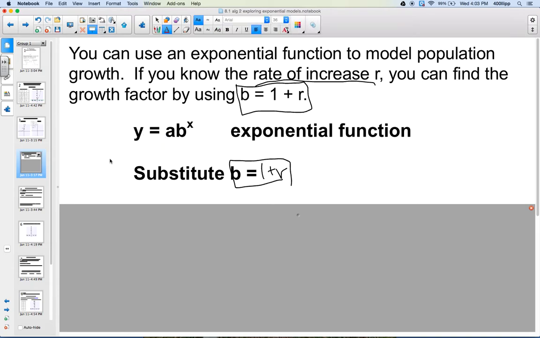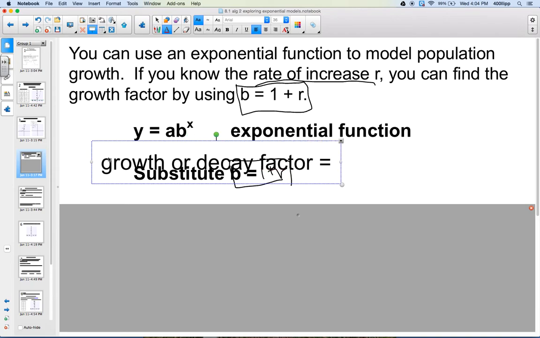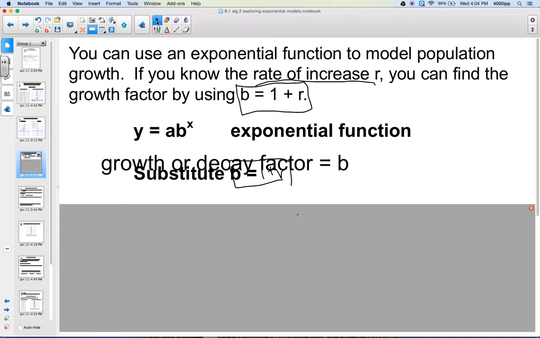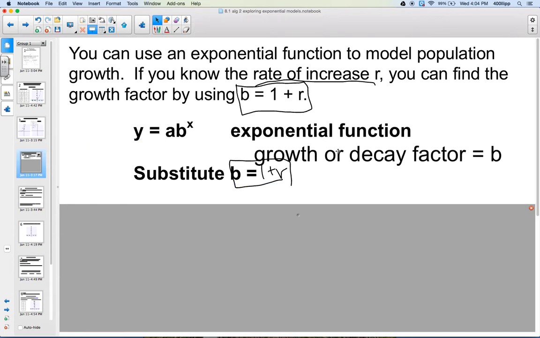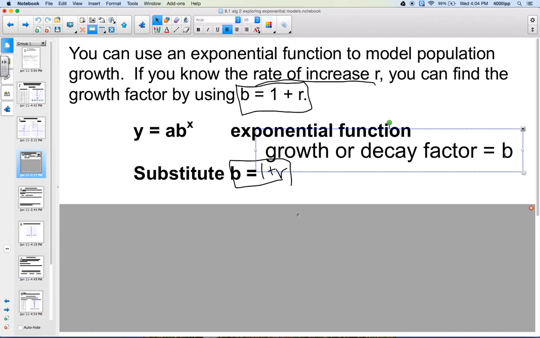So let's write that in there. Growth or decay factor will be b. And then we also know that r is going to be your rate of increase or decrease. That's what r is equal to.